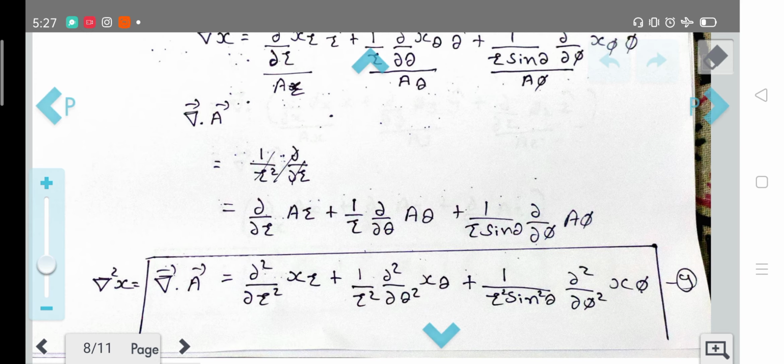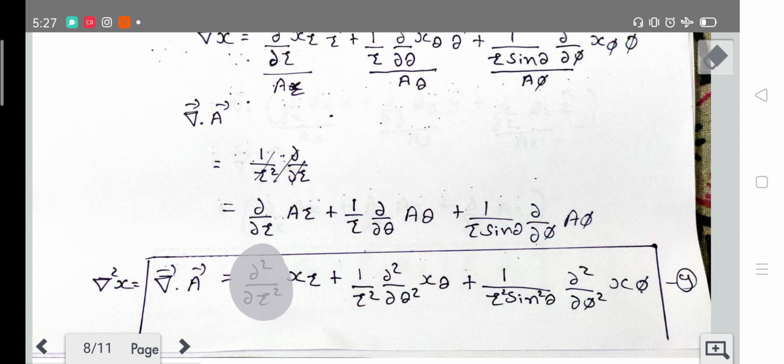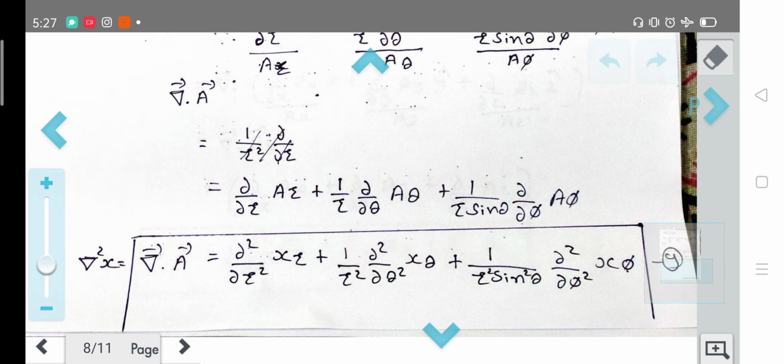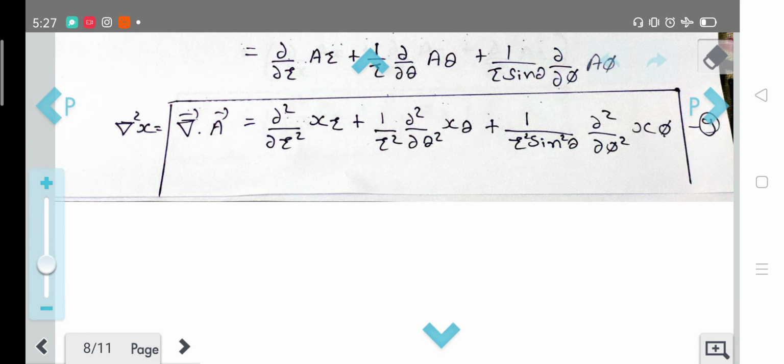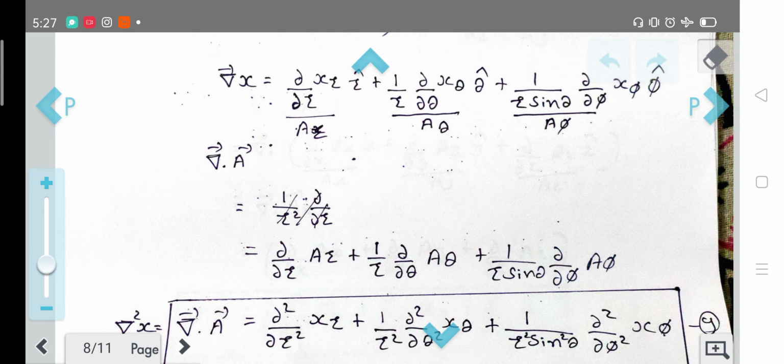So we will get del square upon del r square r component of x plus 1 upon r square del square upon del theta square theta component of x plus 1 upon r square sine square theta del square upon del phi square phi component of x.